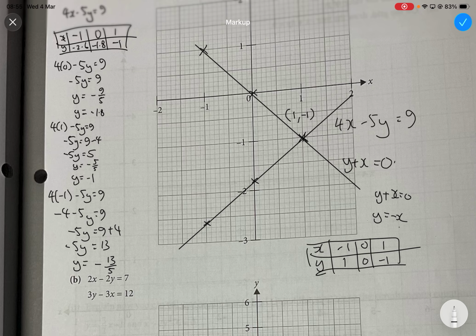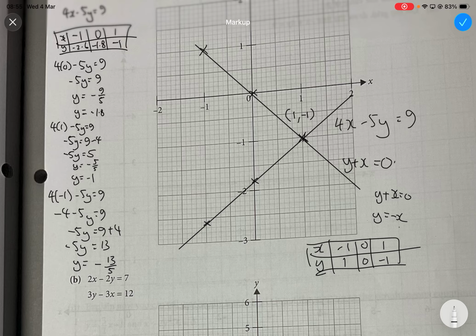Okay, try 3B, Question 4. Okay, you all have learned everything you need for 3.2 already.